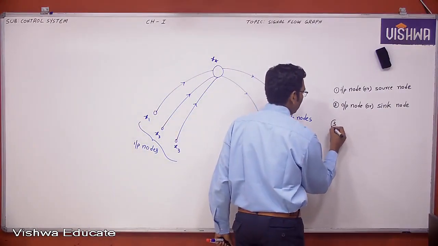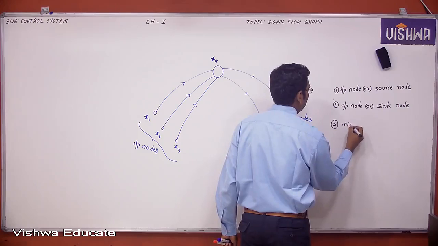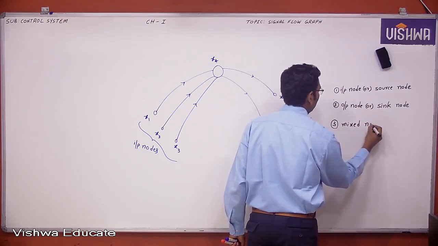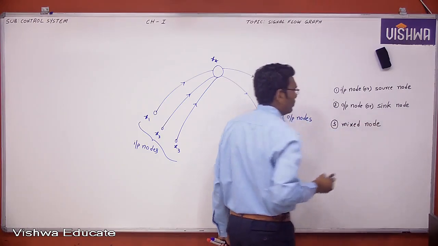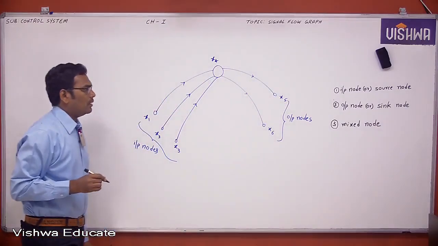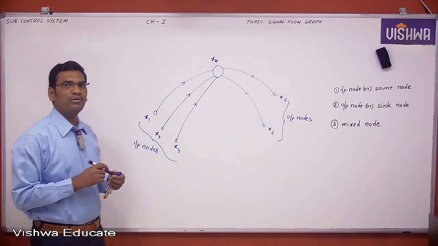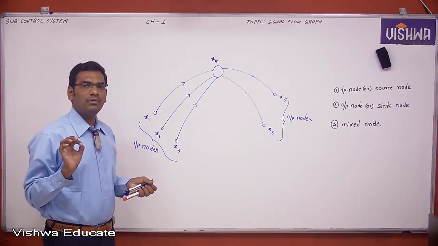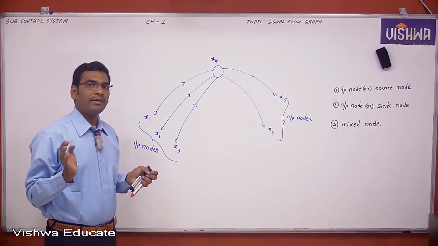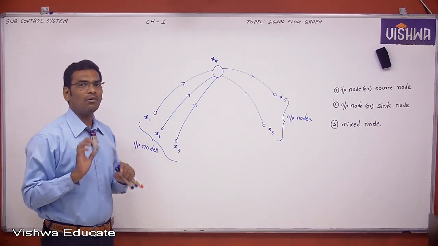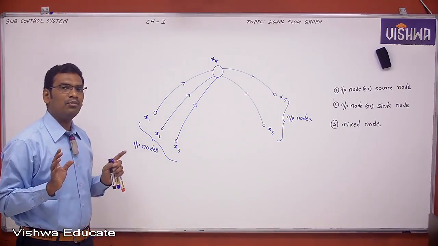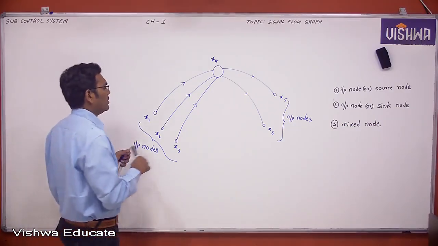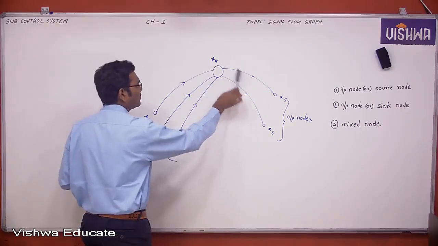Next one. What is the next one? Mixed node. I think you understand the mixed node definition. What is a mixed node? A mixed node is a node which has both incoming and outgoing branches. Now see here, we want incoming as well as outgoing.